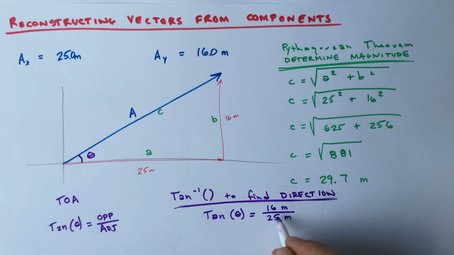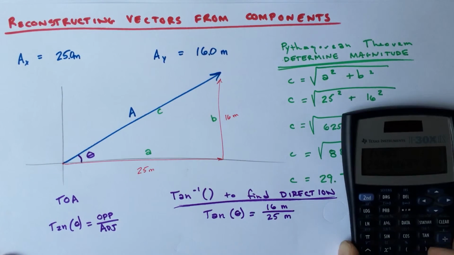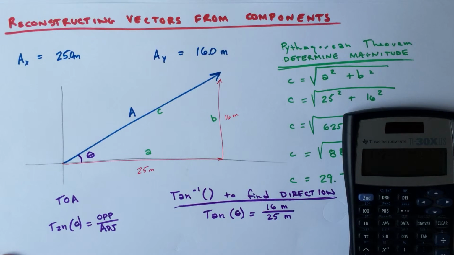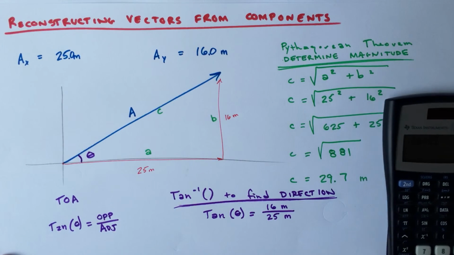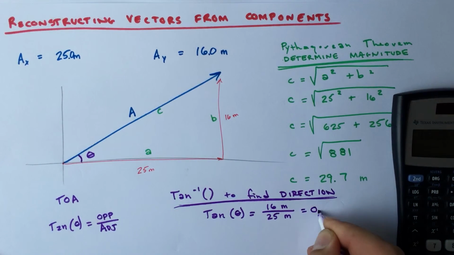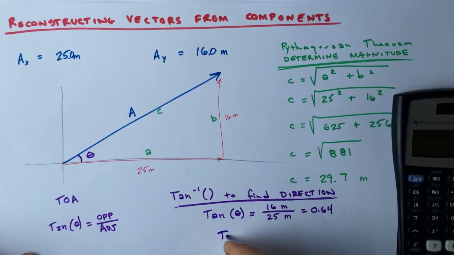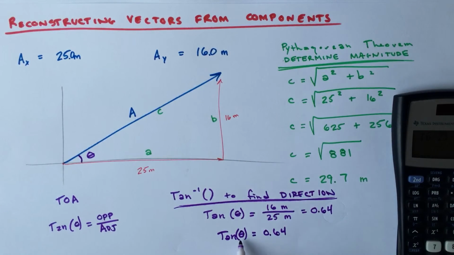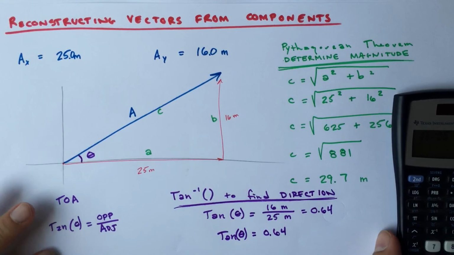And I can find what this is equal to. 16 divided by 25, no sweat, 0.64. So if the tangent of theta is equal to 0.64, how do I get theta by itself? How do I undo the tangent of theta?